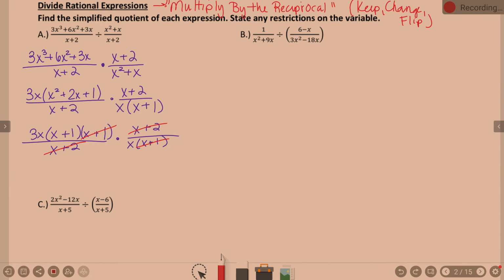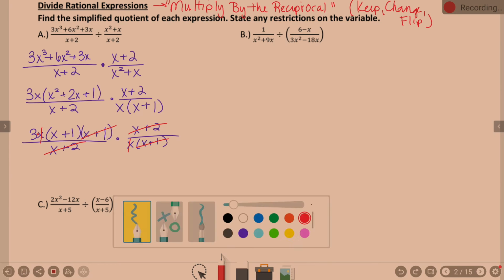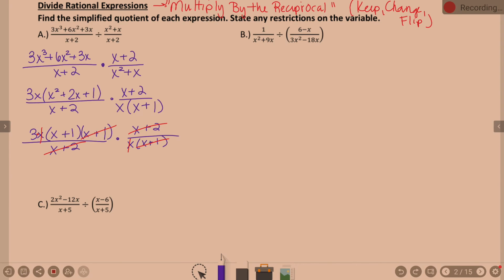Yes, the other piece you have to do here: an x in the denominator will cancel with a plain x in the numerator. Remember, 3x is the same as saying 3 times x. Since those are multiplying pieces, yes, you can cancel just part of it. So x cancels with x. What do I have remaining for my answer? x minus 1.